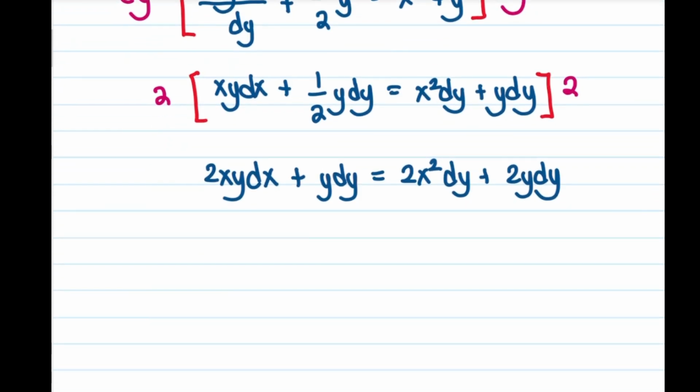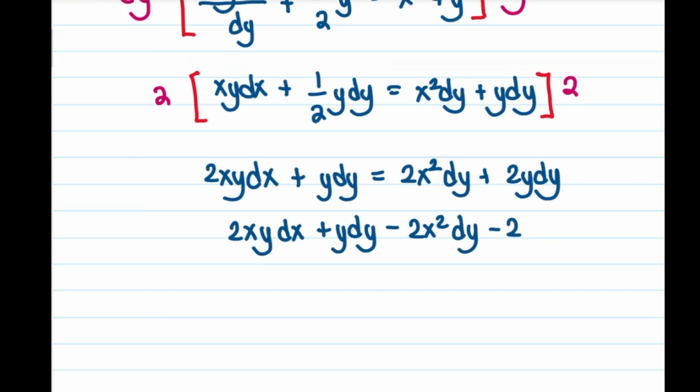So transposing the terms, that one will have 2xy dx plus y dy minus 2x squared dy minus 2y dy equal to 0.